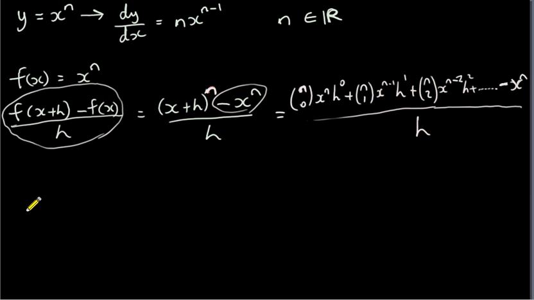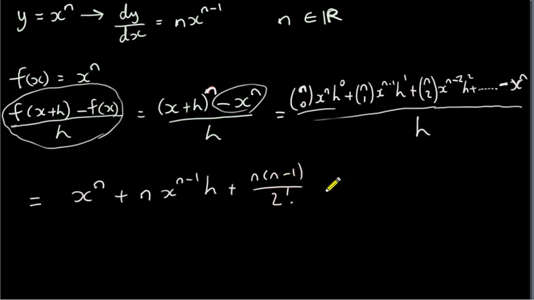Now let's simplify this a bit further. nC0 is just 1 times x to the power of n times h to the power of 0. So that's just going to be x to the power of n. So this first term is x to the power of n, because h to the 0 is 1. nC1 is n times x to the power of n minus 1 times h. nC2 is n times n minus 1 divided by 2 factorial times x to the power of n minus 2, and then we have h squared.